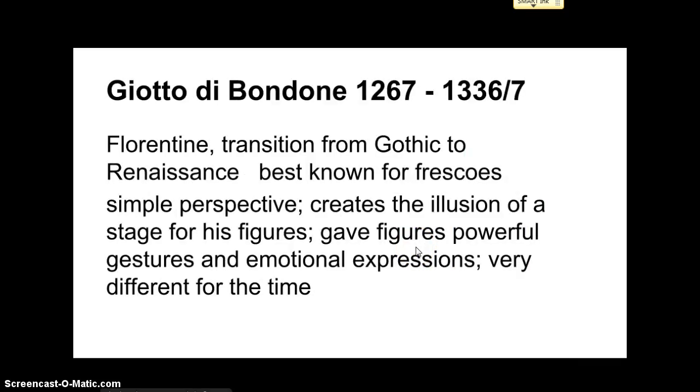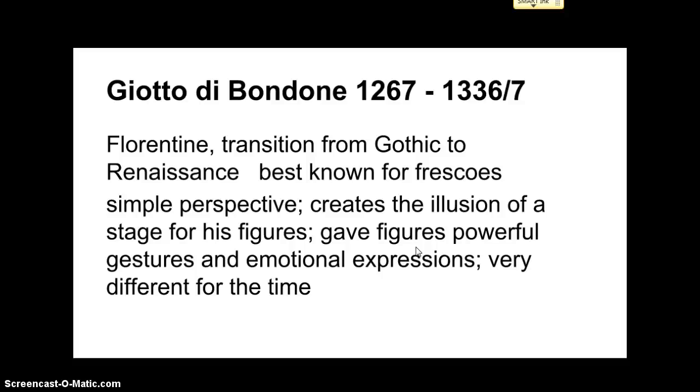Now we get to some actual people. Giotto di Bondone, 1267 to 1336-37. He is Florentine, from Florence, Italy. And this is when we're going to have the transition from Gothic art to the Renaissance. Now, Bondone is known best for his frescoes, and these are going to be paintings on walls.